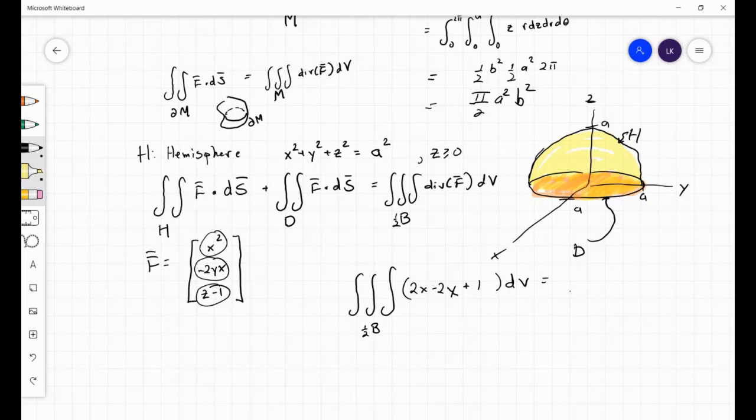You don't even have to do this integral, because we're integrating the differential volume element. So we're just going to get the volume of this half ball, which is 2/3 pi times radius cubed. This is just the volume of our half ball. So we get this integral on the right-hand side of divergence theorem.